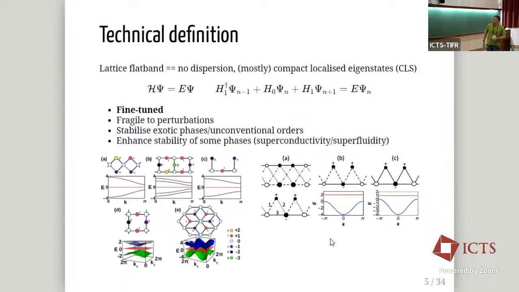Here are a few simple examples, like the diamond chain that I think already showed up during the lecture this morning, or the 1D Lieb or the stub lattice, or the sawtooth chain or the 2D dice or the 2D Lieb with the corresponding compact localized states. So these geometries look pretty different, but they all share in common a flat band marked in red in their spectrum.